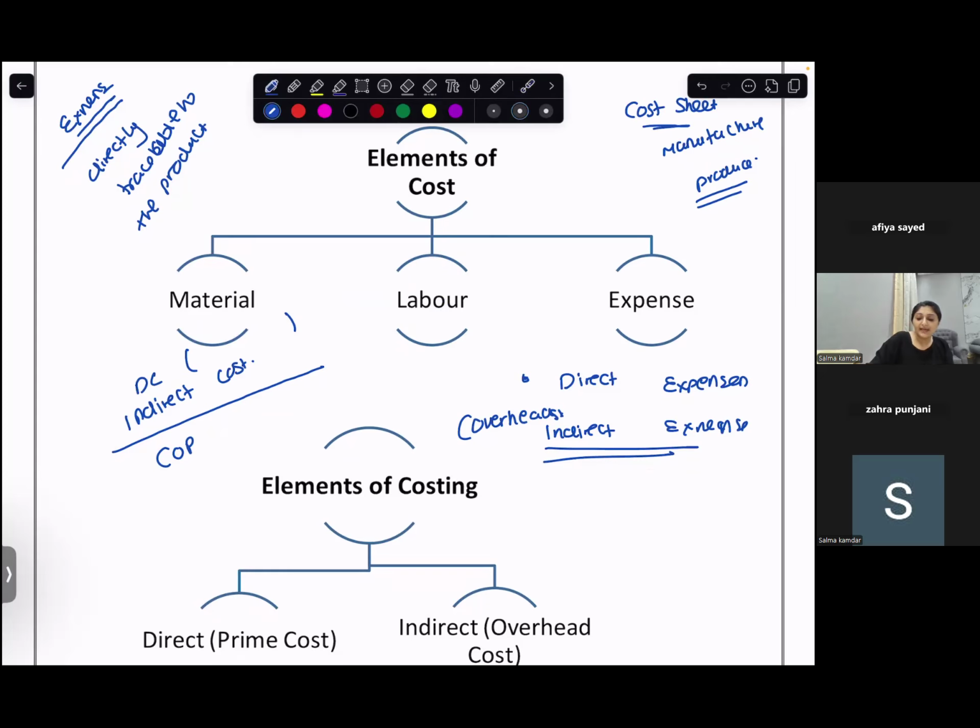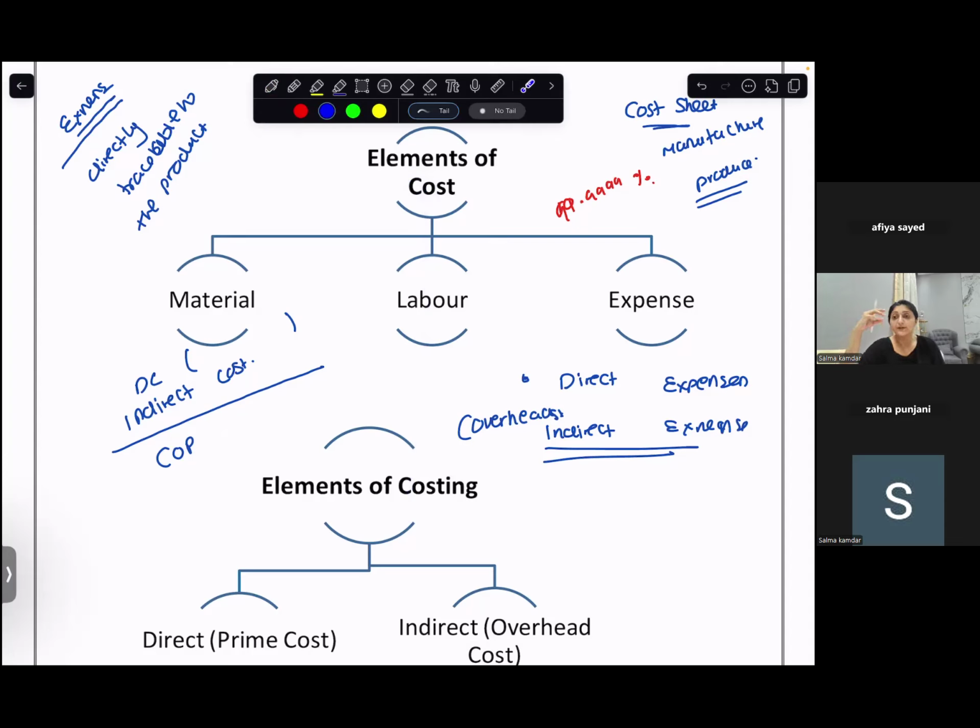And I could also say direct cost is 99.99999% of the times variable. Okay. So when I talk about preparing a cost sheet, what would be my first thing that I would incorporate?